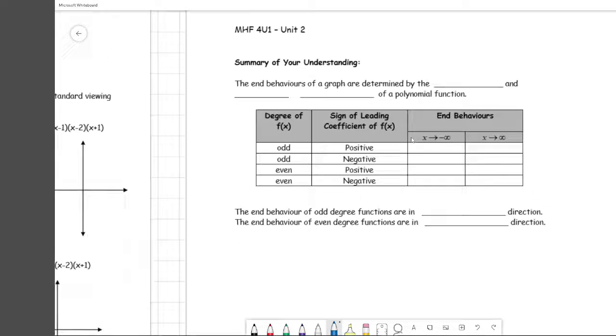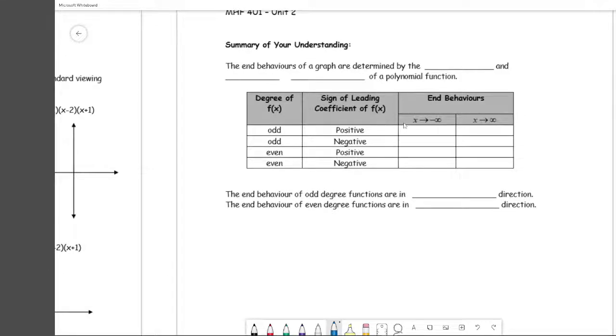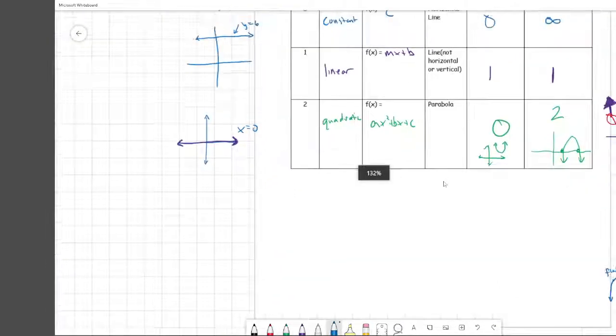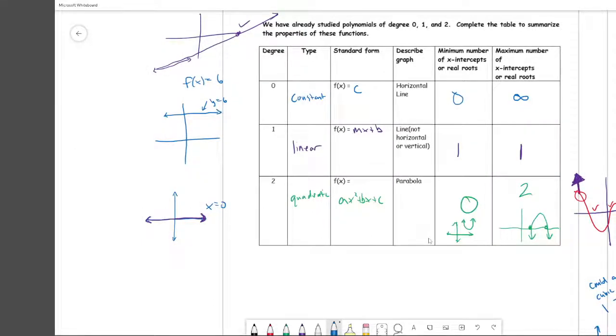Okay, so end behaviors of a graph are determined by the degree and the leading coefficient of a polynomial. Now again, this chart you ought to be able to figure out once you go back to this chart and finish it with the cubic and the quartic. So let's add a box for the cubic, because we did that one.